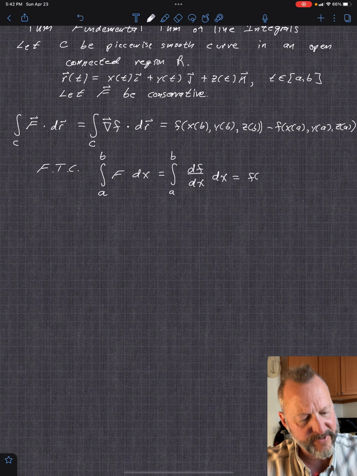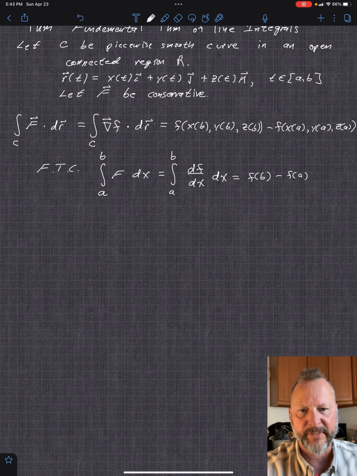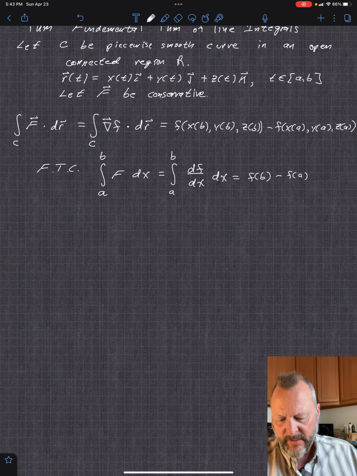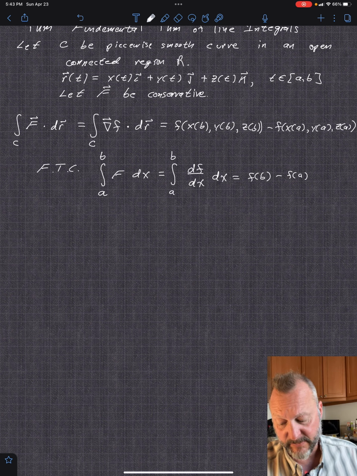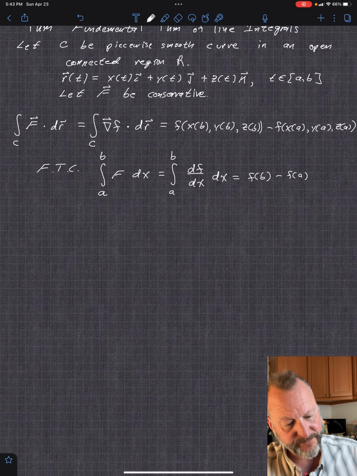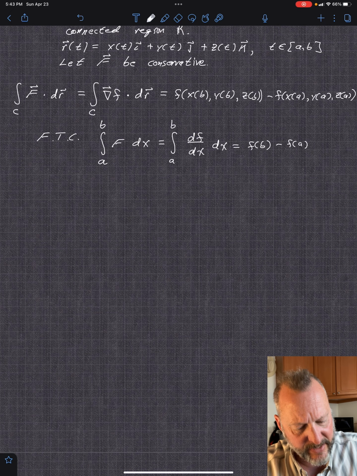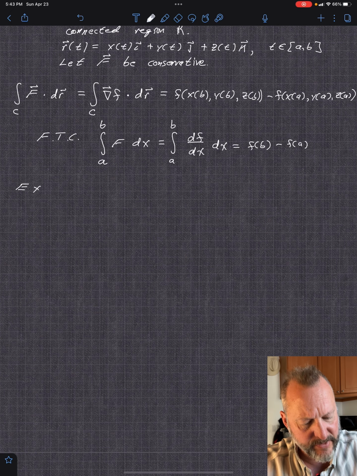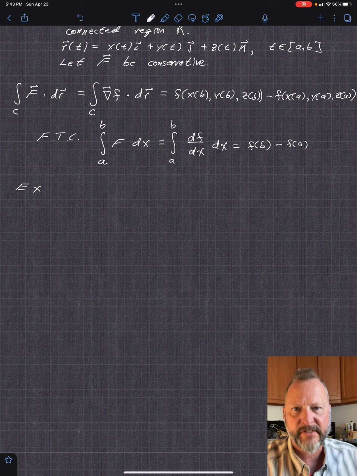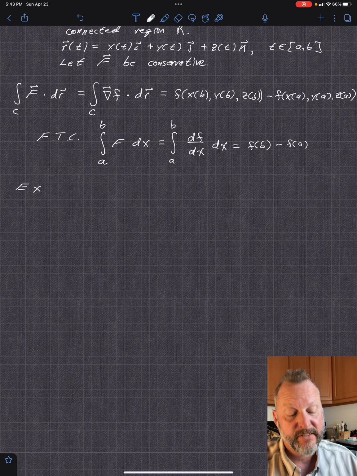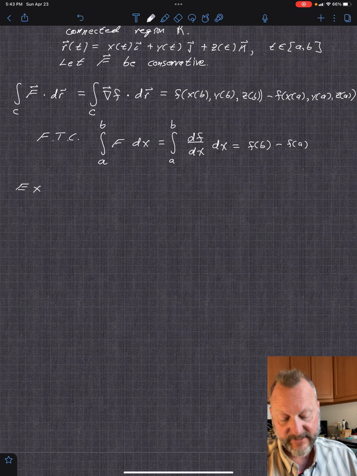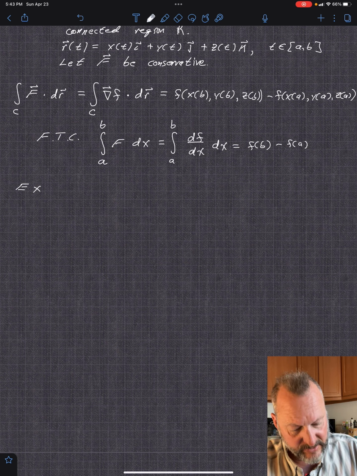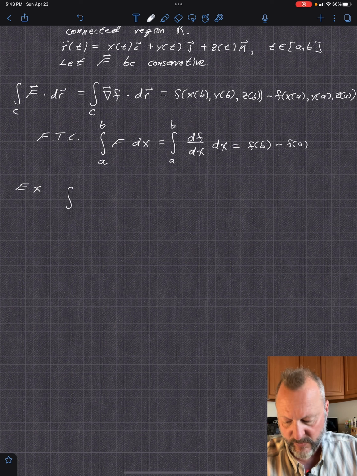And so you just evaluate at the endpoints, f of b minus f of a. So that's what that would mean. So this is equivalent to the fundamental theorem of calculus. Okay, and let's just do one example. It's not real heavy on this topic, more of the finding potential functions and vector fields and that sort of stuff. Okay, but this is just one simple example.